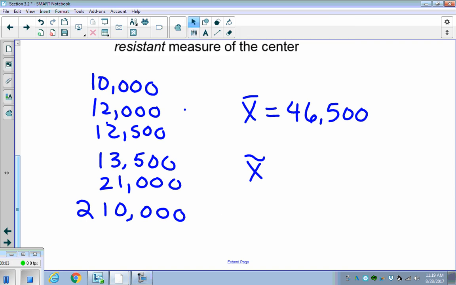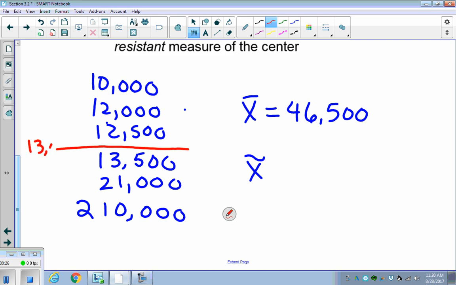It's going to fall between two data points, so what you do is add the two and divide by 2. So I'm going to add 12,500 plus 13,500 and divide by 2, because I want the center between those two numbers. So I believe we're going to get 13,000.